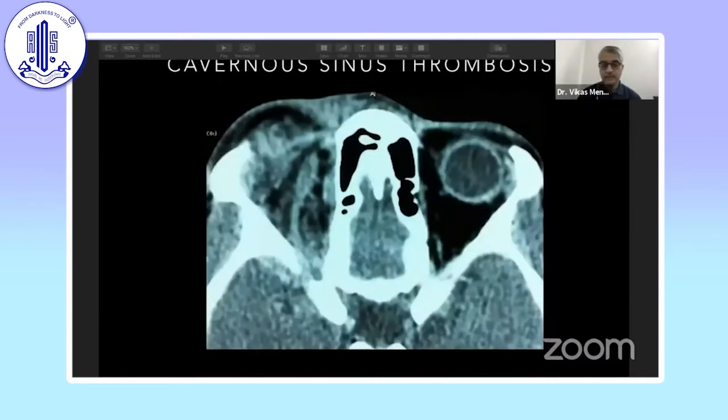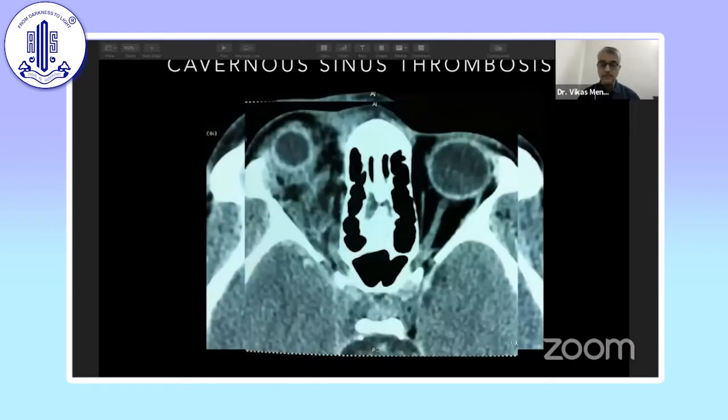And what you see here in this patient is a dilated superior ophthalmic vein. And look at the cavernous sinus. Compare it with the cavernous sinus on the contralateral side, and you see there is dilatation of cavernous sinus on this side, affected side. So what we have here is one of the most dangerous complications of orbital cellulitis, that is the cavernous sinus thrombosis.